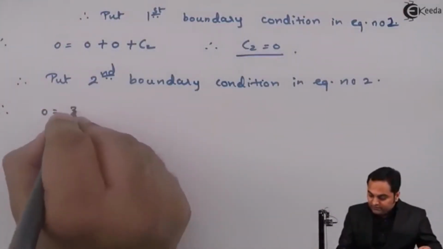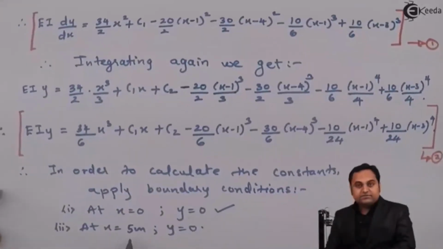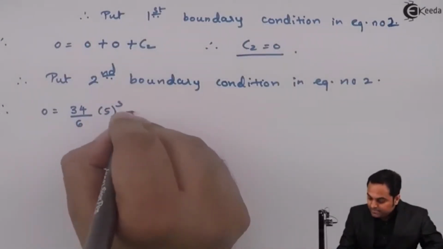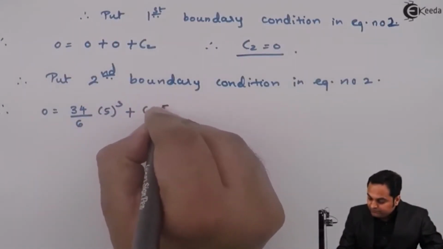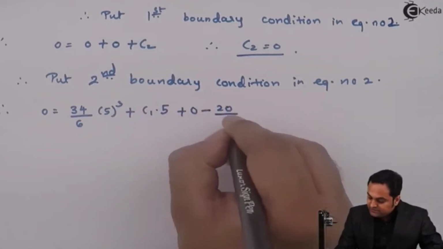On the right hand side we have 34 by 6 x cubed as it is. X is 5 meter, so 5 cube, plus C1 into 5, plus C2 is 0, minus 20 by 6.